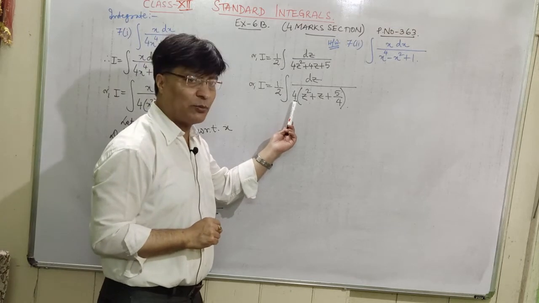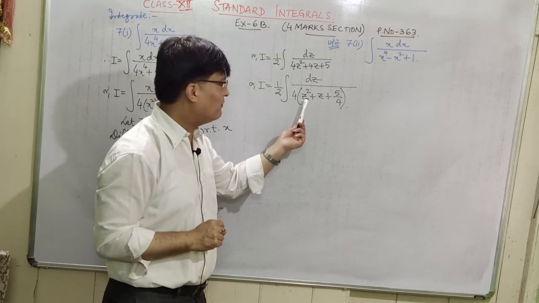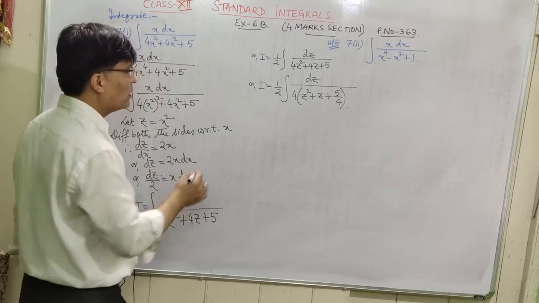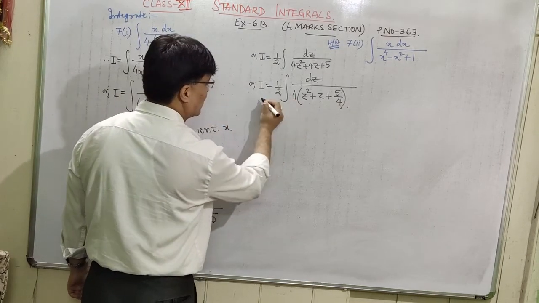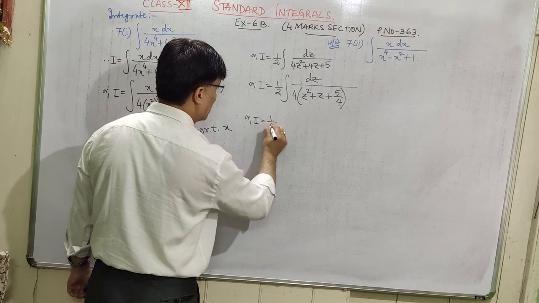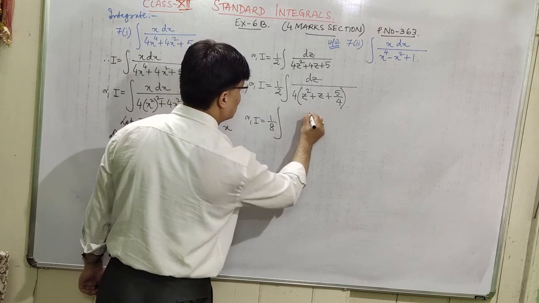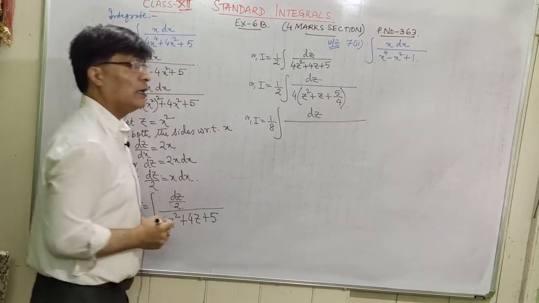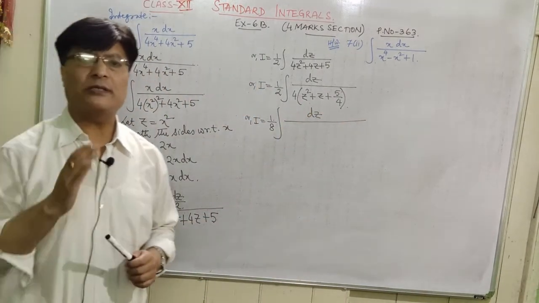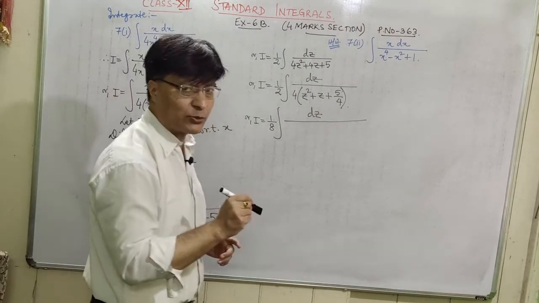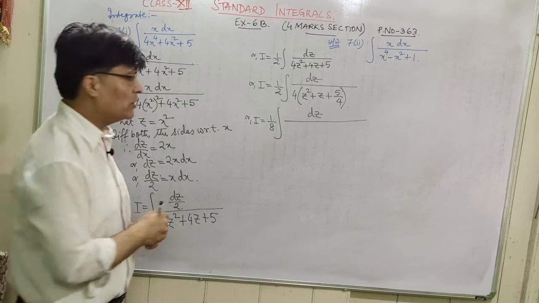So 4 is taken common here, so within bracket we have z square plus z plus 5 by 4. Okay, now this 4 is constant, you can take it outside, or I is equal to 1 upon 8 integral sine dz divided by. Now this z square plus z can be converted into perfect square form, that is a square plus 2ab plus b whole square.